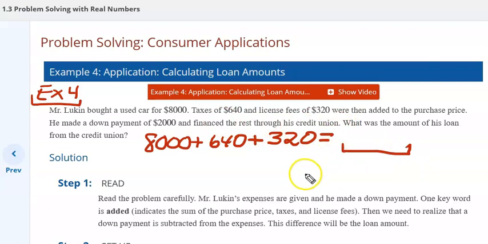You will then subtract from this total $2,000 that he's paying as a down payment. Then this amount that's left will be the amount that he's going to finance. So again, a sort of protocol. Be sure you are numbering your examples.